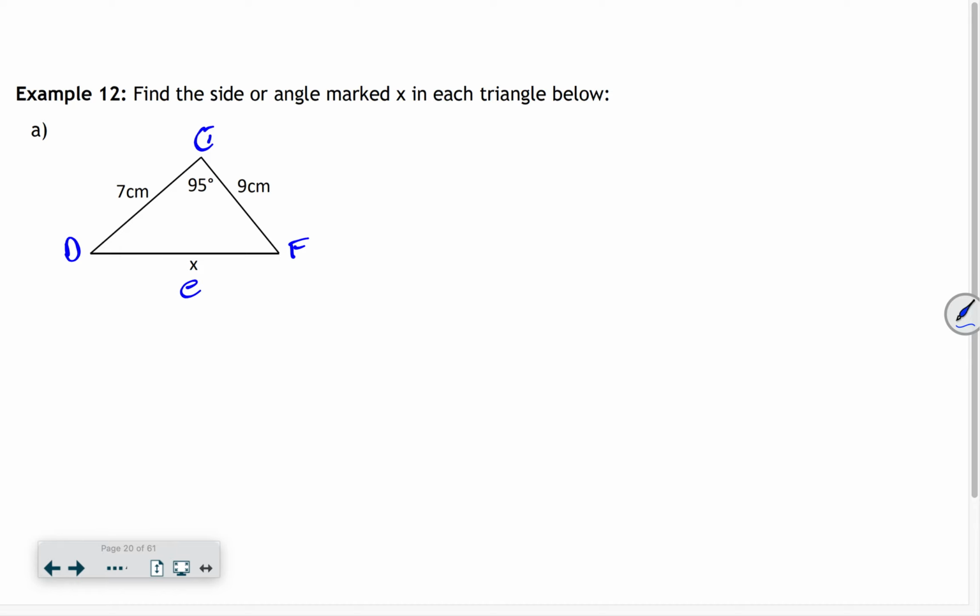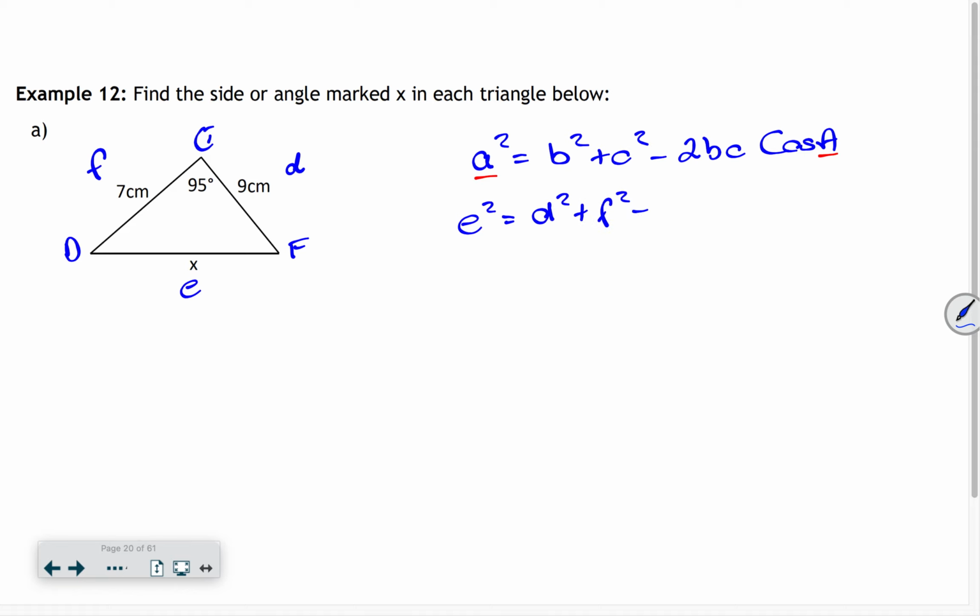This will be side E, this will be side D, this will be side F. The cosine rule says that A squared is equal to B squared plus C squared minus 2BC cos A. I want to find out this bit here that's called E. Remember, we match up the side that we want with the angle that we have. So that would just be E squared is equal to D squared plus F squared minus 2DF cos E.